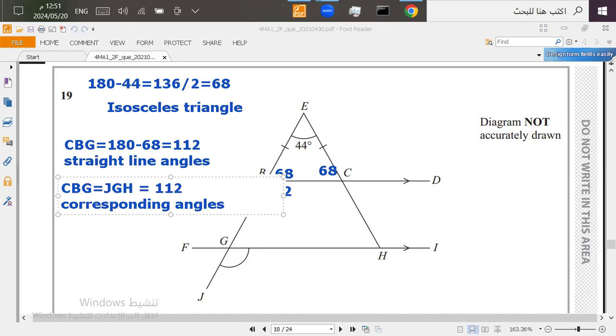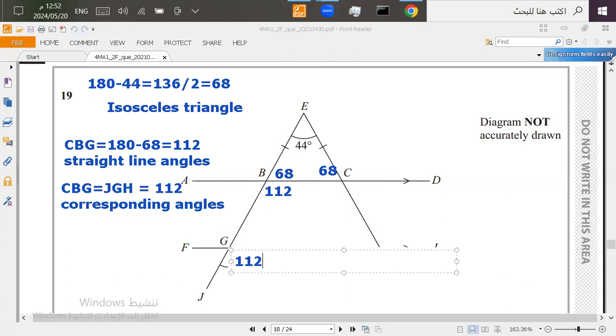So these angles are corresponding angles. It means they are equal angles. And this is the right answer for this question. So remember, this is an isosceles triangle. We subtracted from 180 and then divide by 2. We got this. And then subtract from 180 because it's a straight line. And this will equal this because both of them are corresponding angles. And this is how you answer a question like this. Now let's move on to the next question.